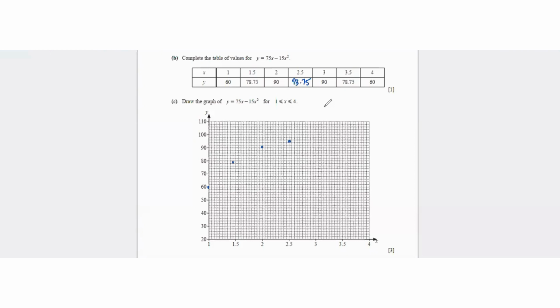Then 3.5 and 78.75, so that's going to be over here, and 4 and 60.